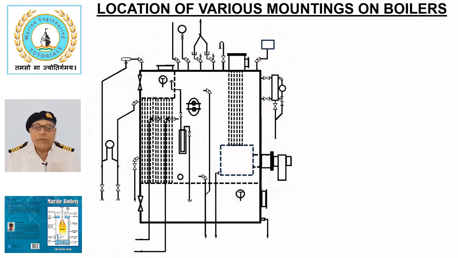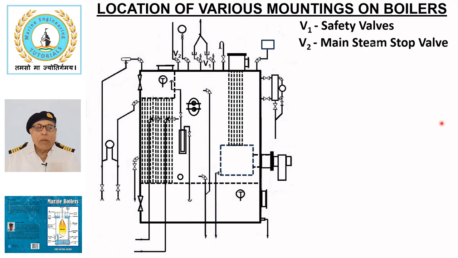This sketch shows a composite smoke tube boiler and various mountings equipped on it are listed here. V1 safety valves. V2 main steam stop valve.